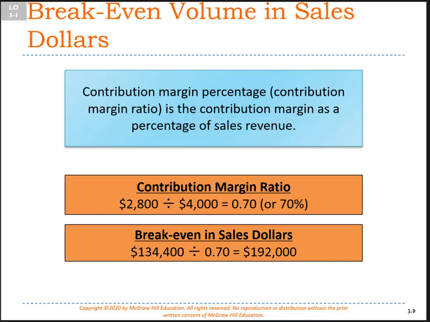Whichever you prefer, whichever makes the most sense, feel free to use that. Now you can also do this using total costs and total sales. So you could take the total contribution margin and divide it by the total revenue. And you would come up with 70% that way as well, or 0.7.